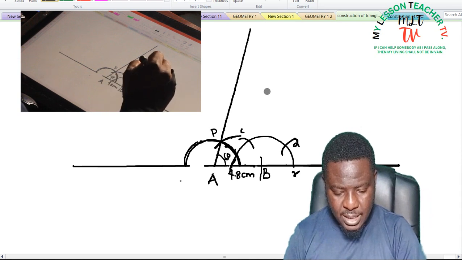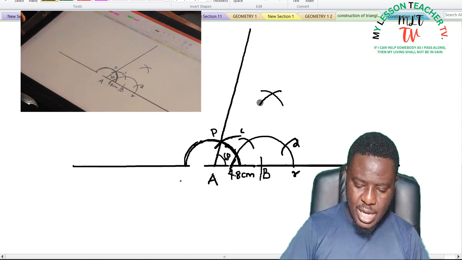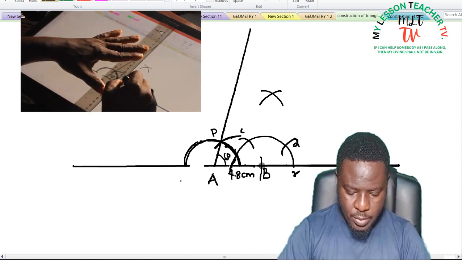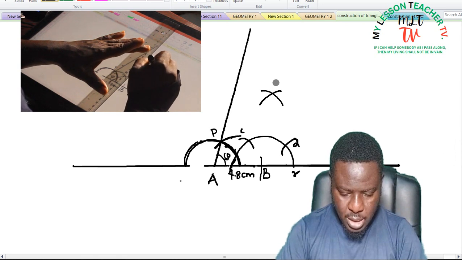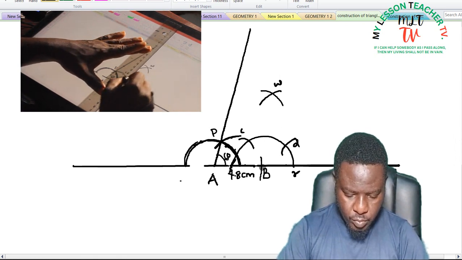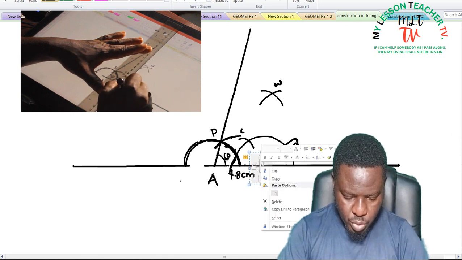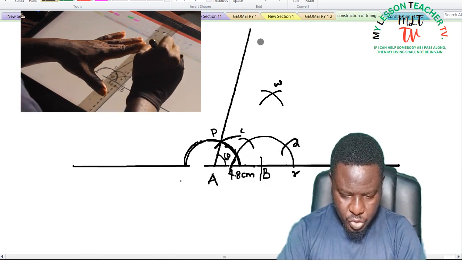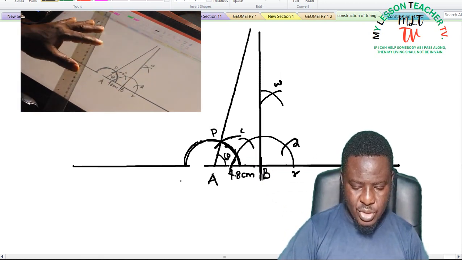With C as center, construct an arc, as well as with D as center, you construct an arc. Then you join, let's call it W, you join point BW, and it's going to give you a straight line. So this is to be angle 90 degrees.